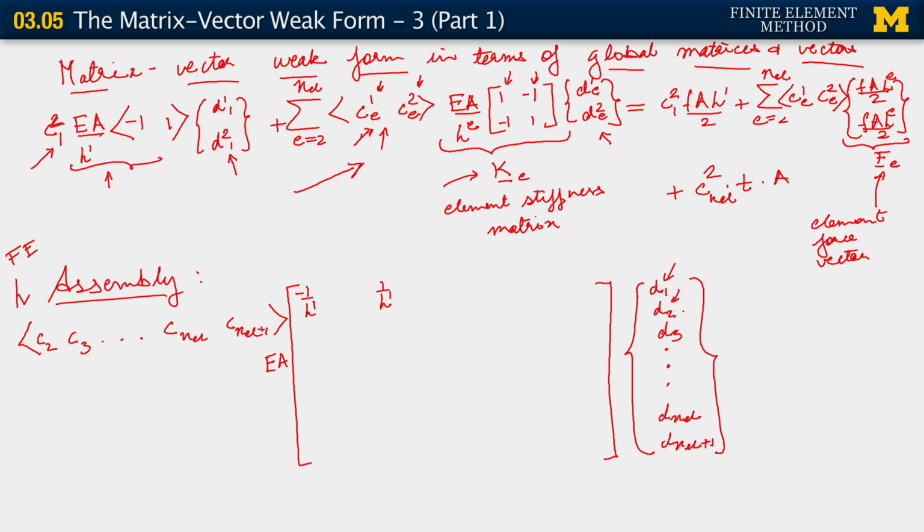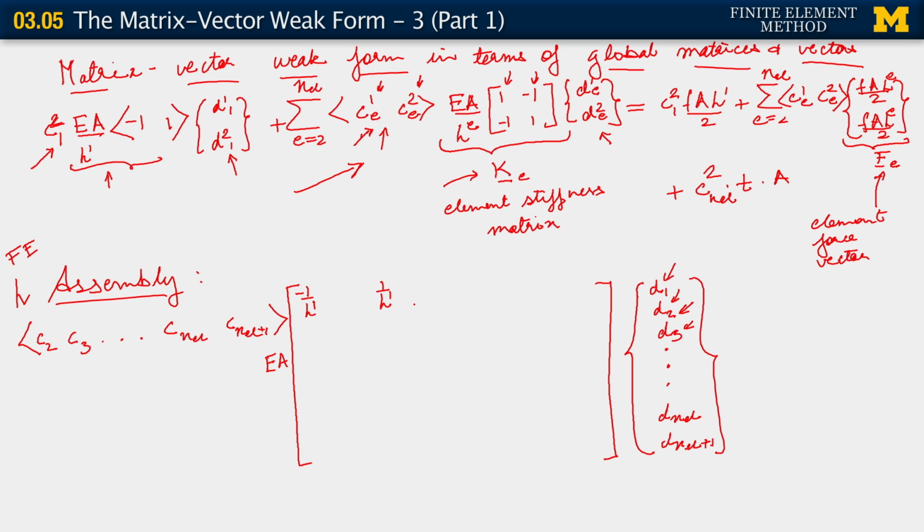But as far as the contributions from the D vector are concerned, the contributions from element 2 are in D2 and D3. So this means that we are going to be getting contributions to columns 2 and 3 in this matrix.